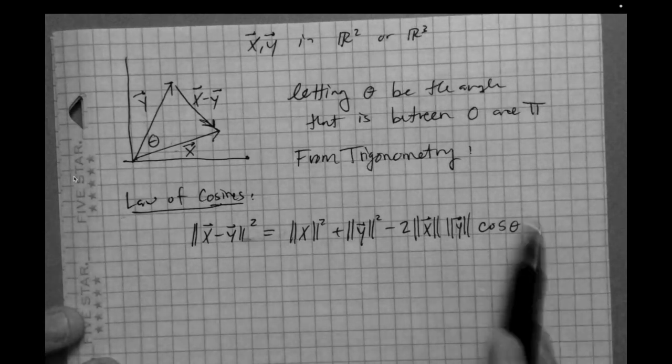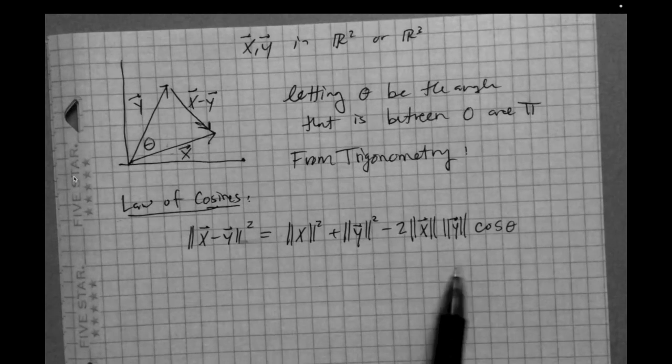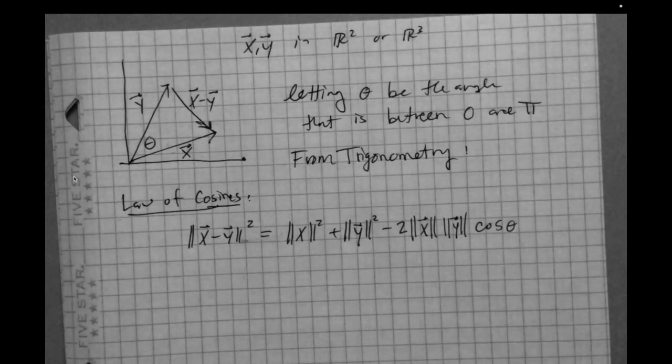But this is a way to relate the lengths of the sides of the triangle to the angles of the triangle. There were different versions of the law of cosines, and this is one of them. This is the law of cosines, strictly speaking.